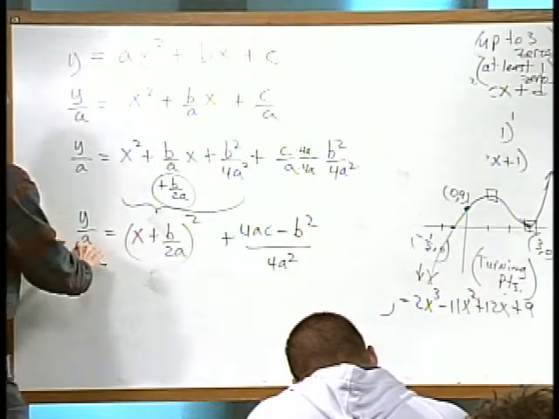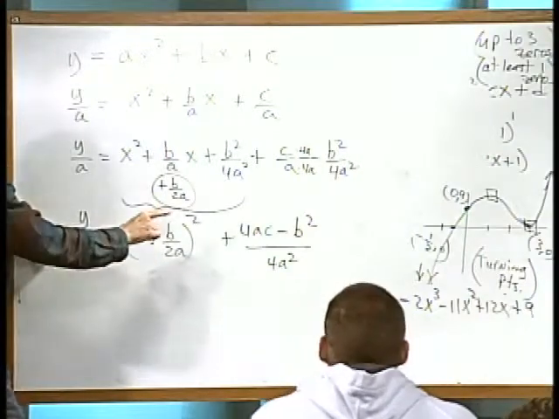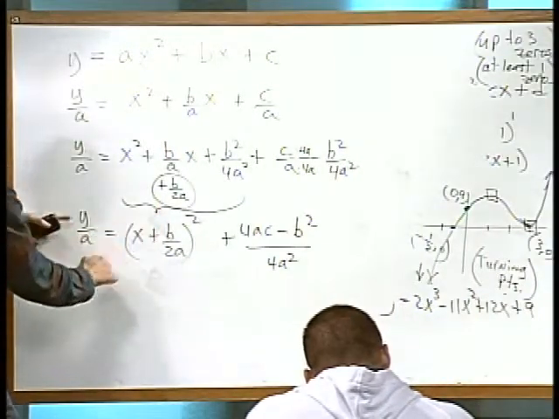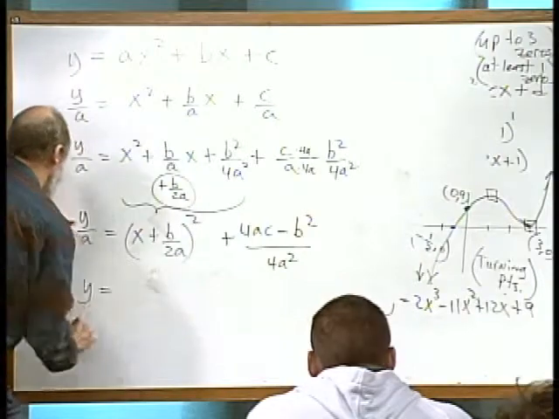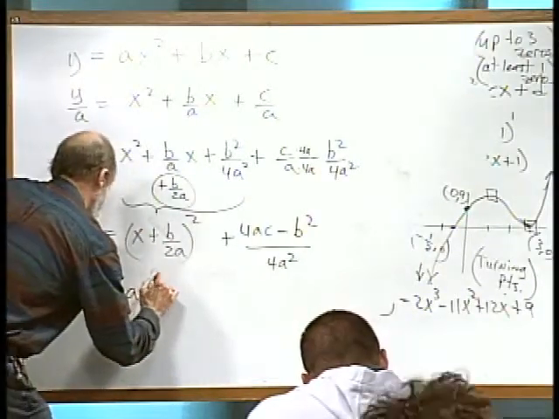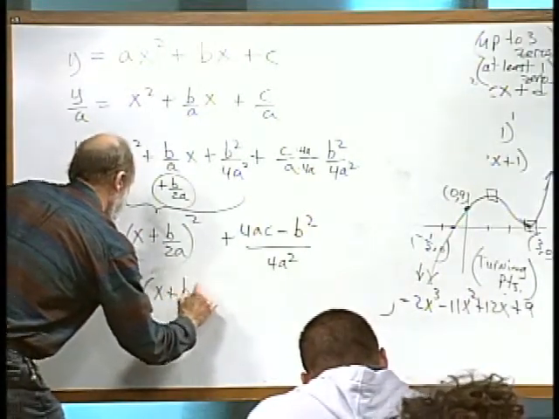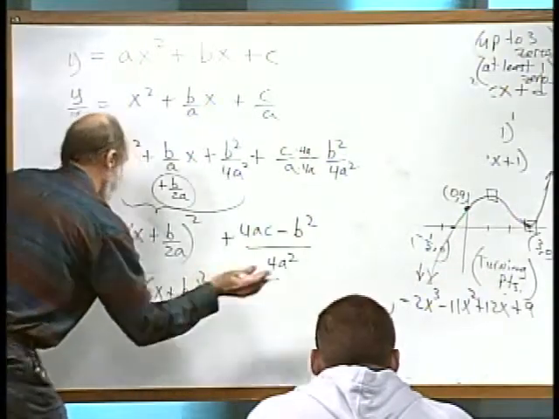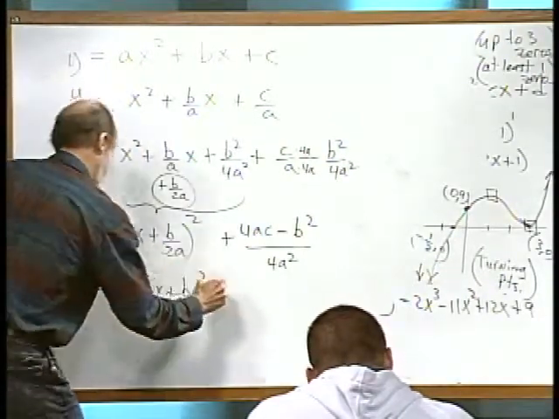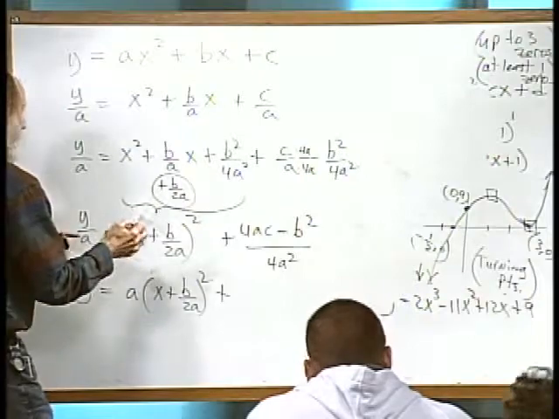If I now multiply the a back across to both sides of the equation, I just have y here now equals a times x plus b over 2a quantity squared plus, now don't forget I'm multiplying by a.